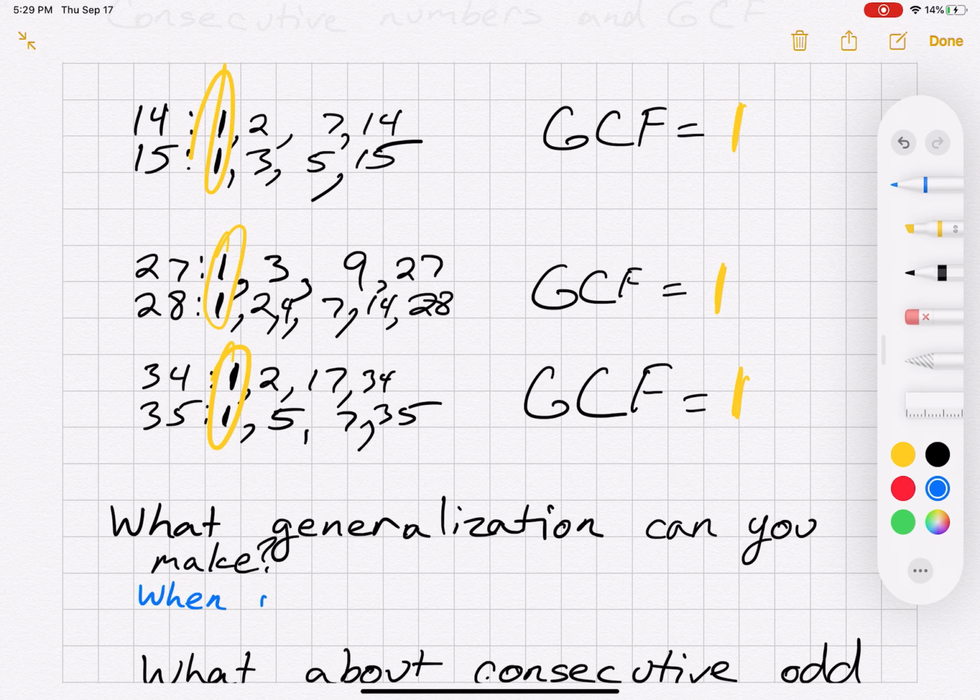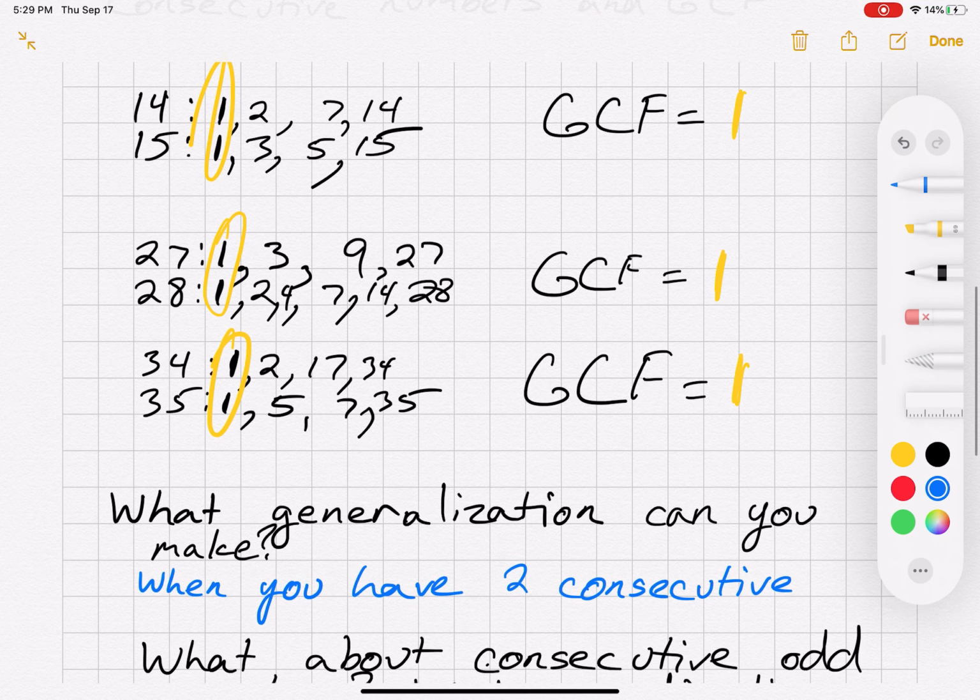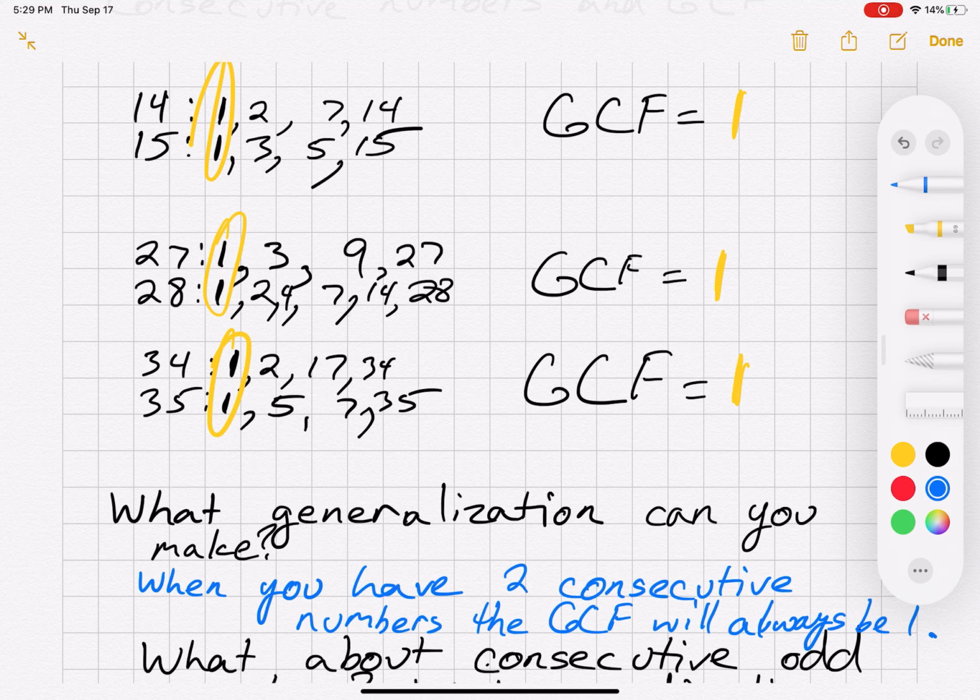When you have two consecutive numbers, the greatest common factor will always be 1. And I can continue on and check bigger numbers to see if that's true. But that's my generalization right now. And if I continued on and did multiple examples throughout, I could say that that would be a rule.